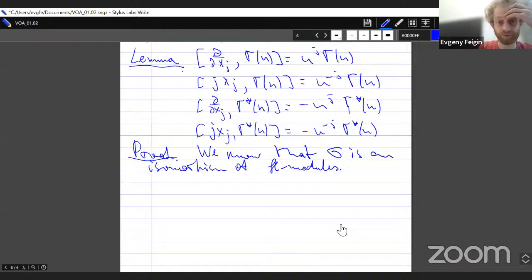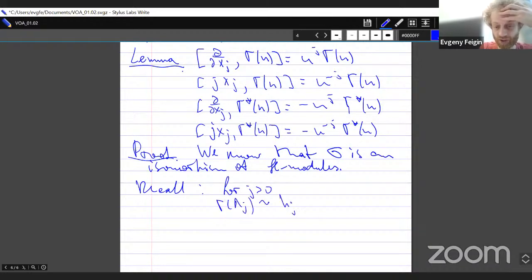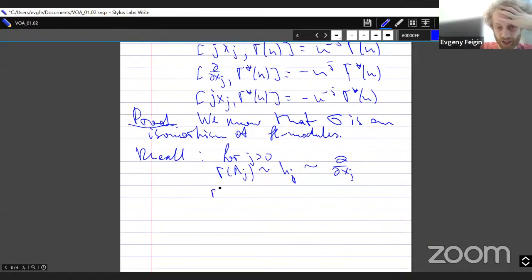Recall that for j greater than 0, R of lambda j is identified with hj, and this is identified with d over dxj, and also R of lambda minus j is identified with h minus j, and this is identified with j xj.